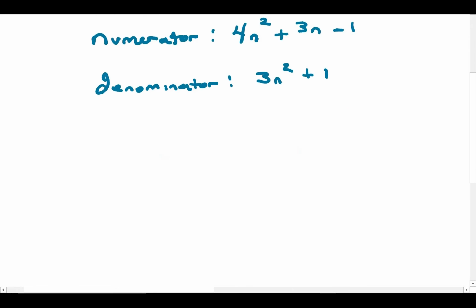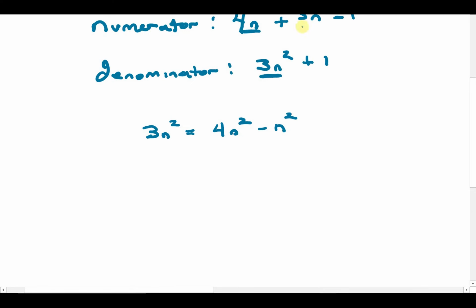Notice now we can represent the numerator as a function of the denominator. For instance, notice this is 4n squared, and we have 3n squared, which is 1 less. Notice that 3n squared equals 4n squared minus n squared. Here we have 3n, but we don't have an n variable right here. We have negative 1 here, and negative 1 is just 1 minus 2.